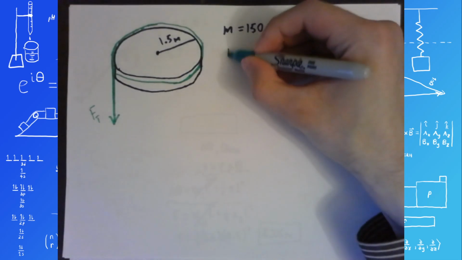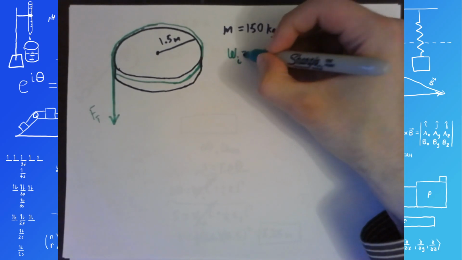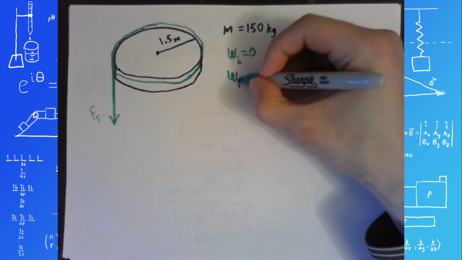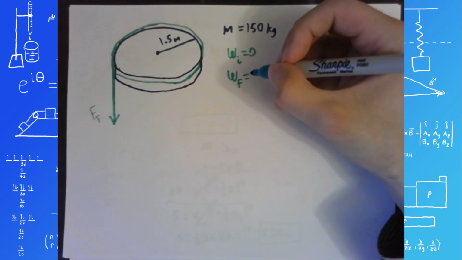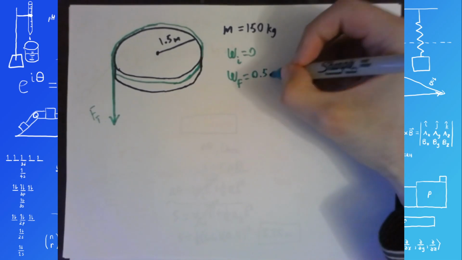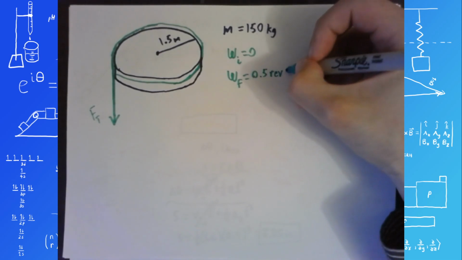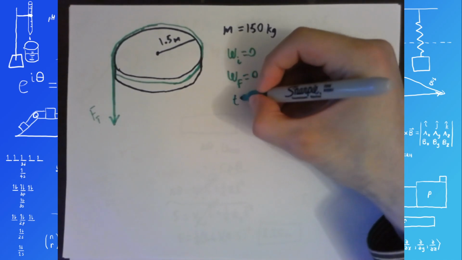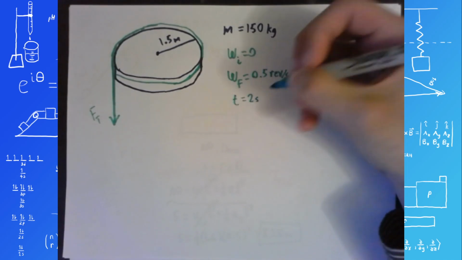So from rest to an angular speed of 0.5 revolutions per second in a time of 2 seconds.